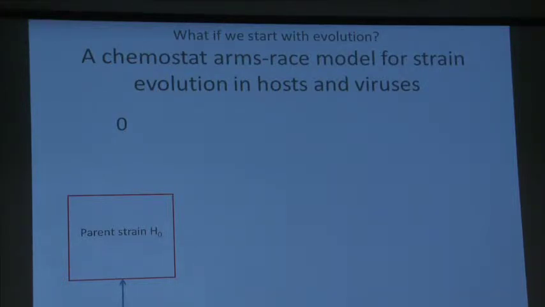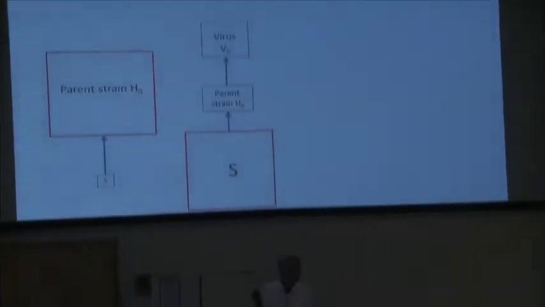So if we start here, this is the traditional chemostat, where your resources from the reservoir go into the host population. So here the resources sit in the parent strain. Now you infect by a virus, you get something like this, with a low population and free resources in your culture. So you move the resources back to the free nutrients.